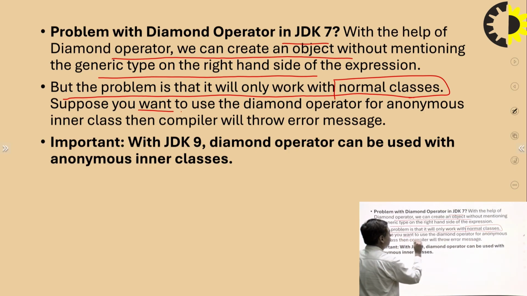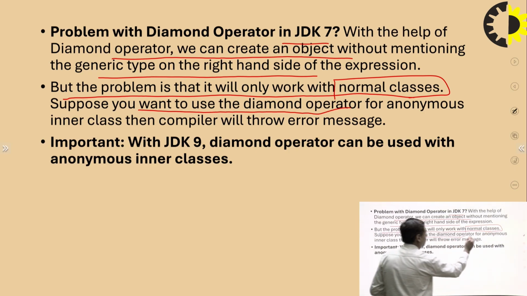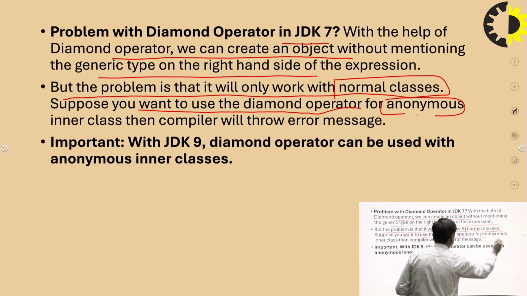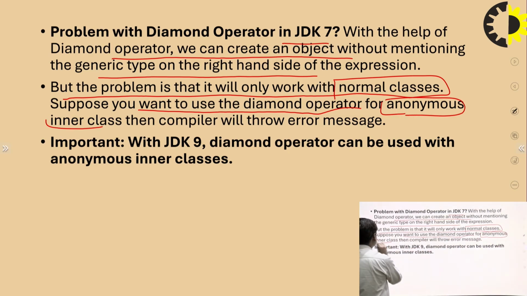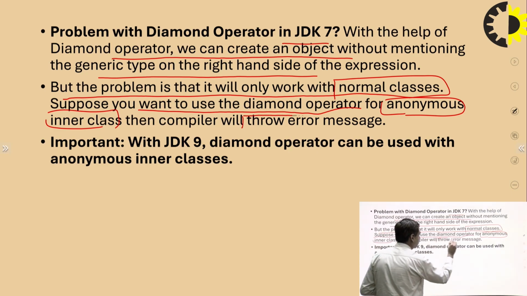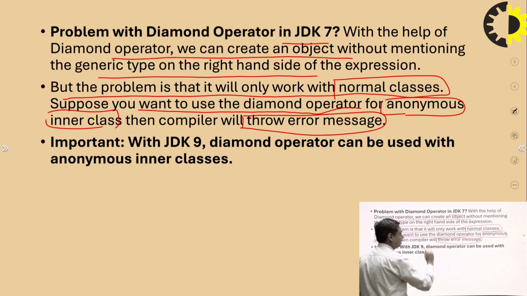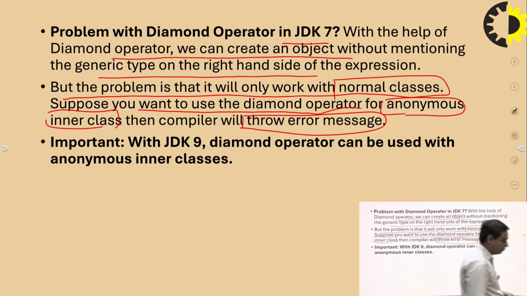Suppose you want to use the diamond operator for an anonymous inner class, then the compiler will throw an error message. So in JDK 7, it is applicable for normal classes, but not for anonymous inner classes.